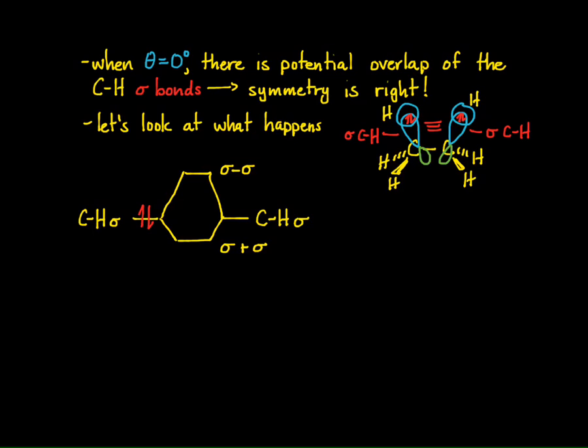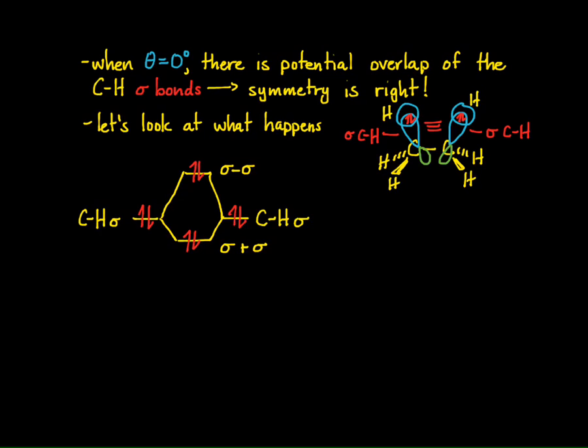And when I think about how many electrons I have, I know there are 2 electrons in one sigma bond. There are also 2 electrons in the other sigma bond. When I add those 4 electrons into my new molecular orbitals, I get a net effect that at first glance looks like there should be no bonding whatsoever.